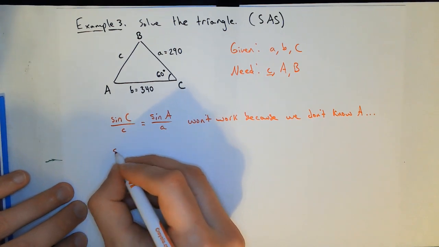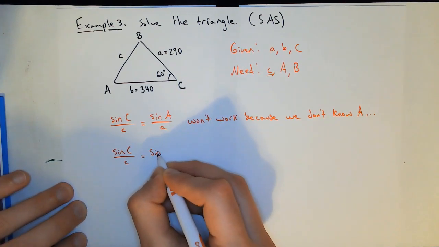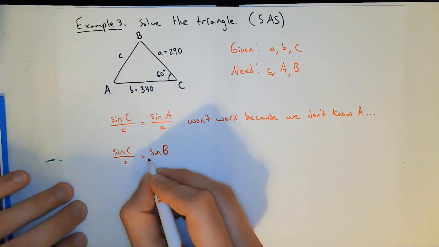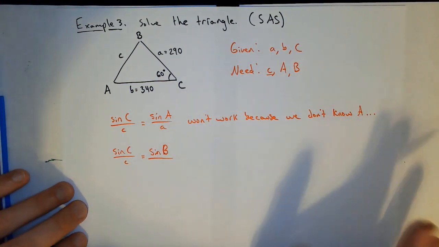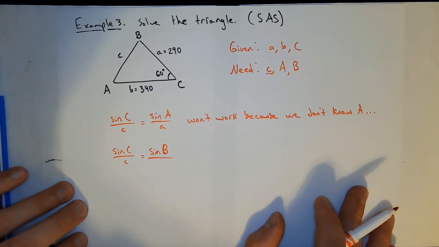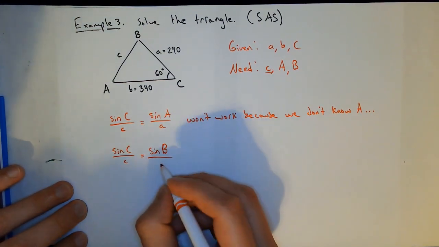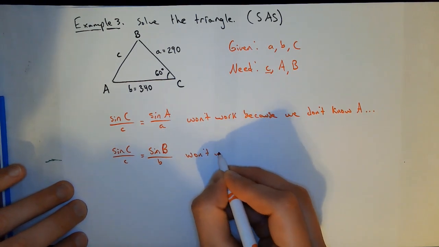But also, if I try the other form of this law of sines, sine of C equals sine of B. Typically we write law of sines without the parentheses, just notation without the parentheses around the input for whatever reason, so I'm sticking to that. This won't work either.